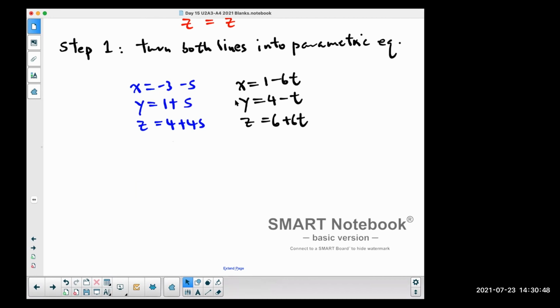If they intersect, then this x value must equal this x value. That's what I mean by point of intersection. They are equal to each other. So therefore, I have 3 equations.